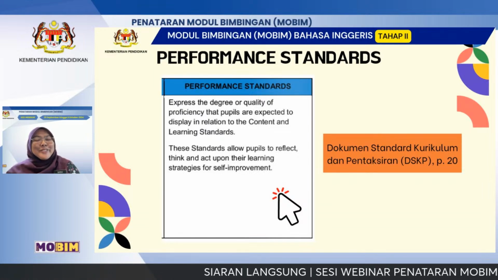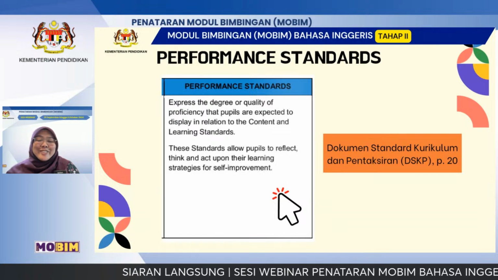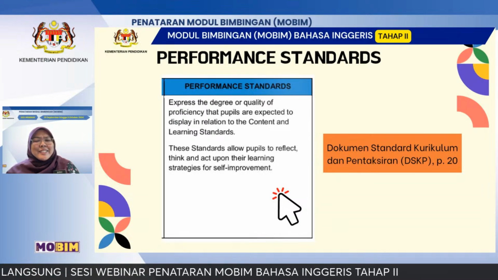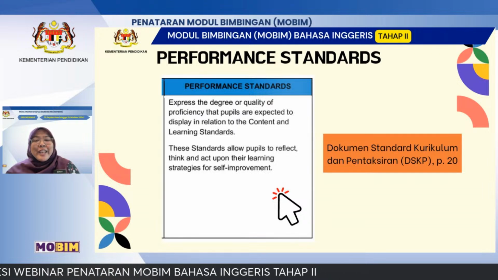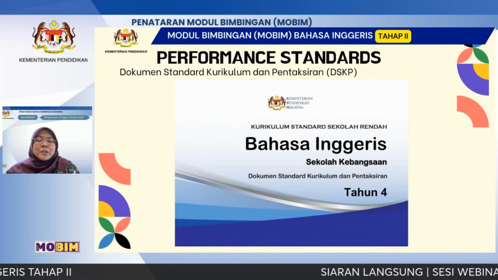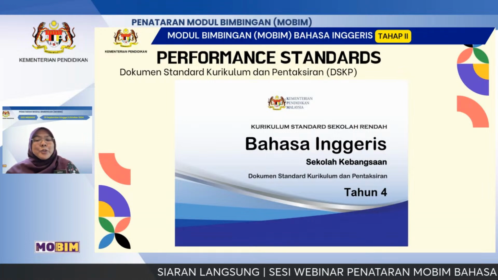I'm sure most of you know, but here comes a rhetorical question. Where can you locate these performance standards? Well, you should be able to find them in the standards-based curriculum and assessment document, or the Dokumen Standard Kurikulum dan Pentaksiran, the DSKP for short.